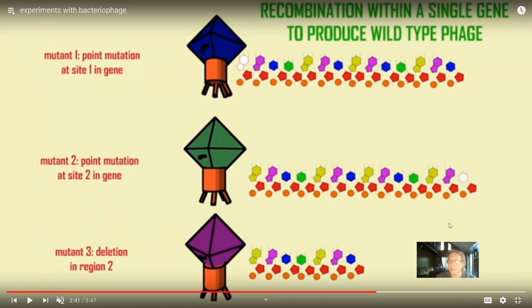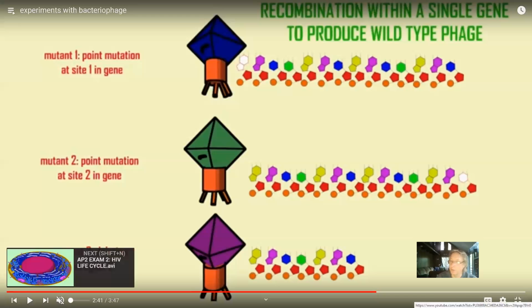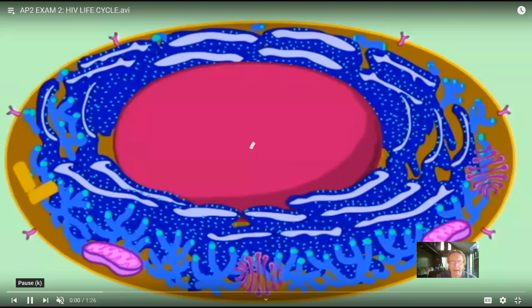So recombination within a single gene, that's a really rare event. But once again, if you wanted to study it, don't study fruit flies, don't study mice, study viruses. And so viruses are also useful as tools as we attempt to understand just how genes work in general.